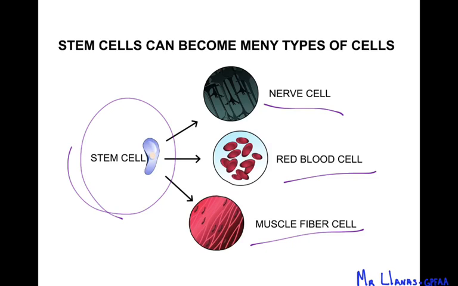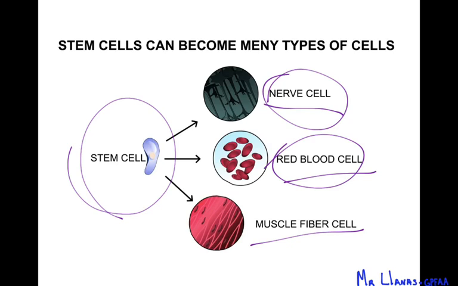That's why a nerve cell and a blood cell and just one of our hairs have the same DNA inside of them, right? So all of our cells have the same DNA. It's just that they have different jobs or different functions.